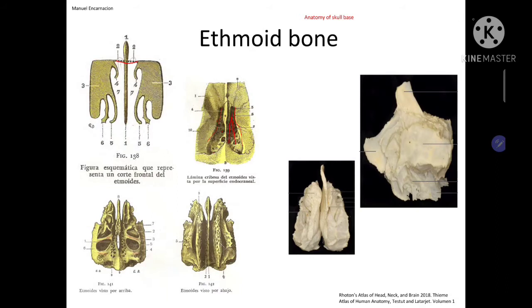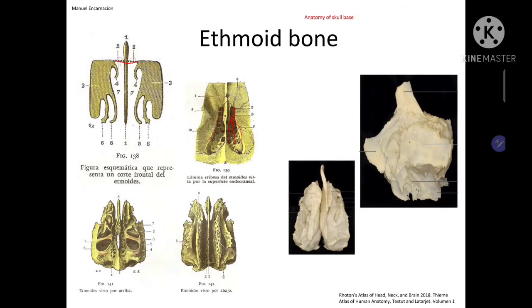So on the side of the Crista Galli, we're gonna have a narrow slit called the ethmoidal slit, where we're gonna find some extension of the dura mater.